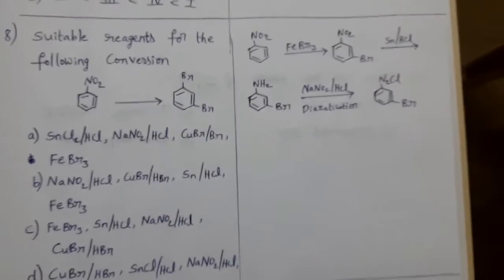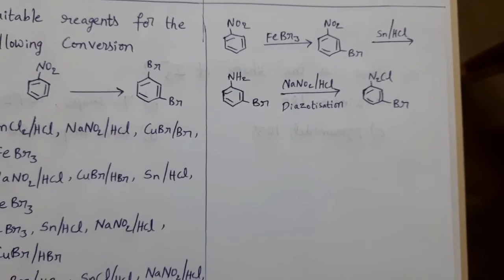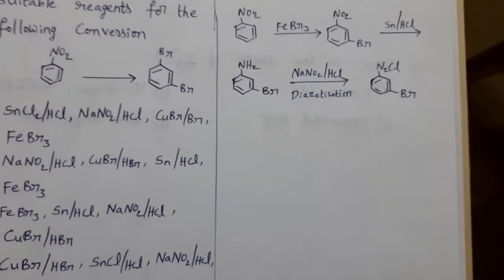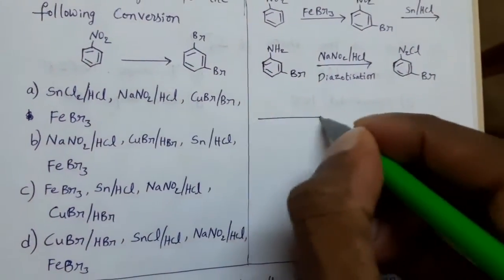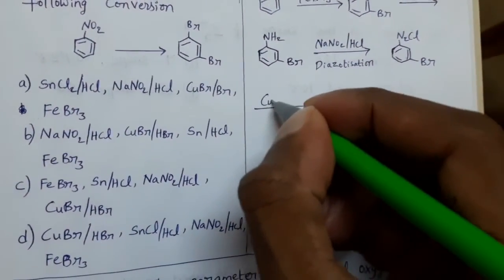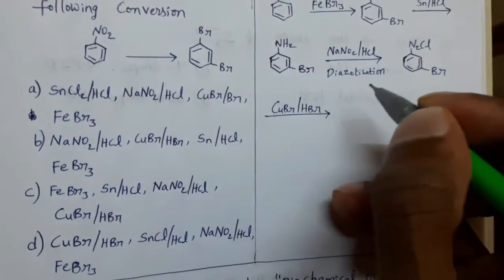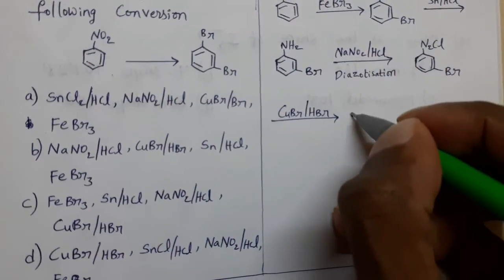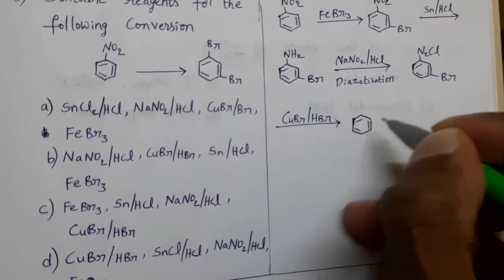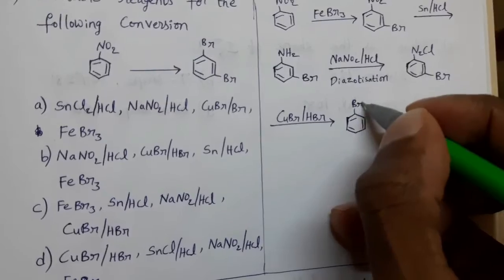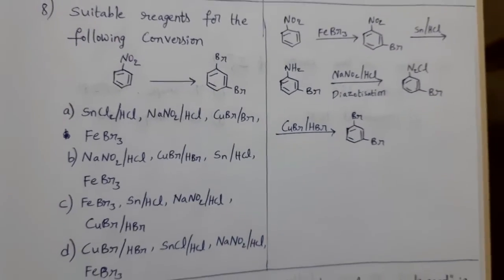Now this diazonium salt compound is treated with CuBr and HBr, that is Sandmeyer reaction. With CuBr and HBr, then we can get the bromine derivative, that is this one, metadibromobenzene.